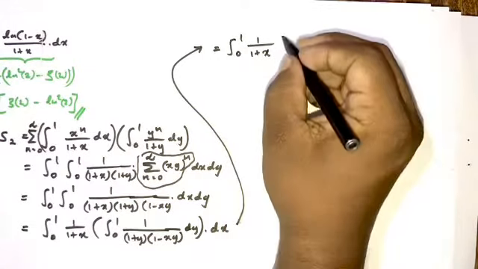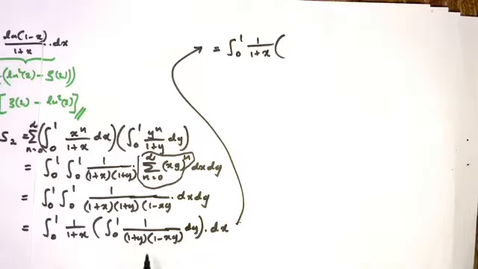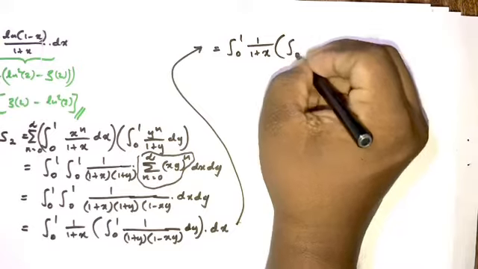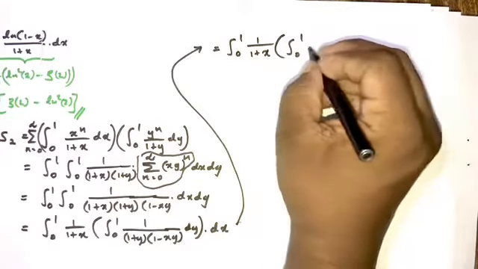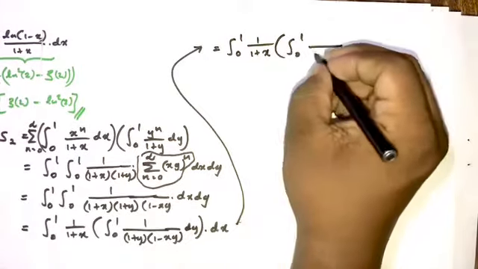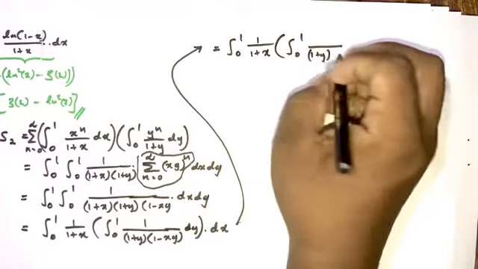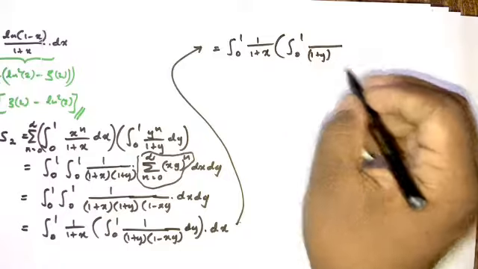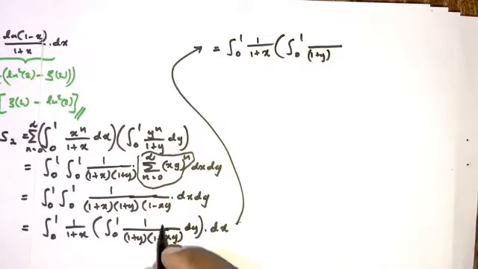Okay, then we can write now this is equal to the integral from 0 to 1 of 1 over 1 plus x, then now we can find the partial fractions, so I'm going to use the cover method. First I'm going to write 1 plus y. Now instead of y we plug in minus 1, so we have 1 over 1 plus x.